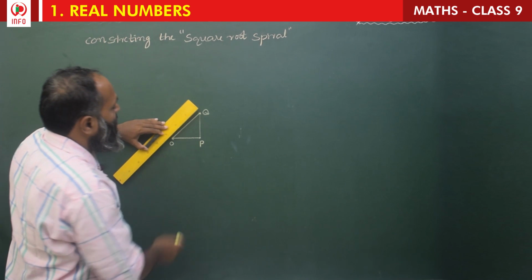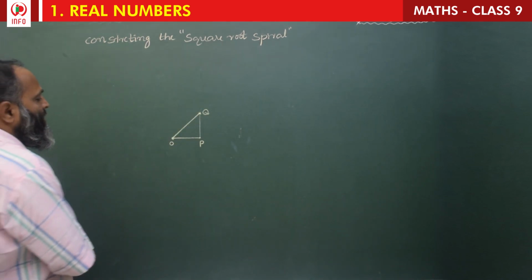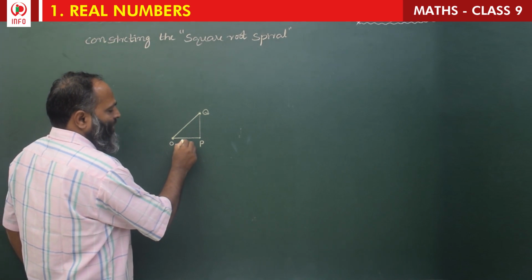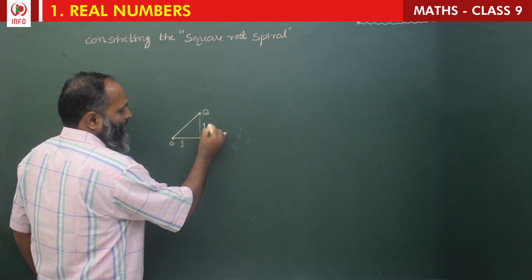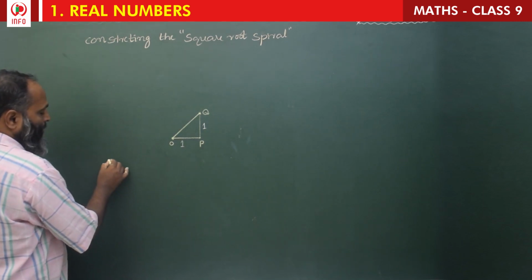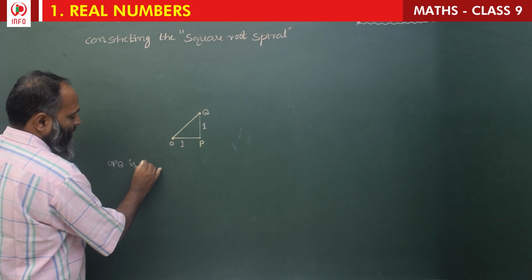See, this is a right angle triangle. We took OP as 1 unit and PQ as 1 unit, that is 1 centimeter. So OPQ is a right angle triangle.